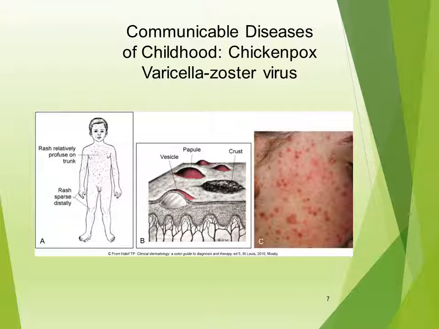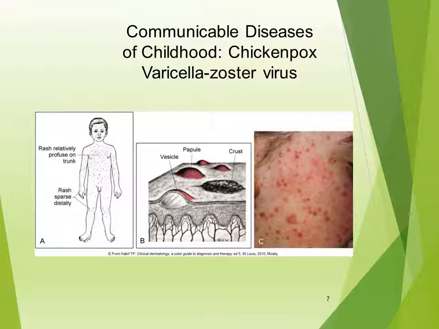When someone has this disorder, we give supportive care, and we need to be very careful not to medicate with aspirin, because as you know, aspirin can cause Reye's syndrome. There's no medical treatment for chickenpox unless the child is high risk, and then we would use acyclovir.